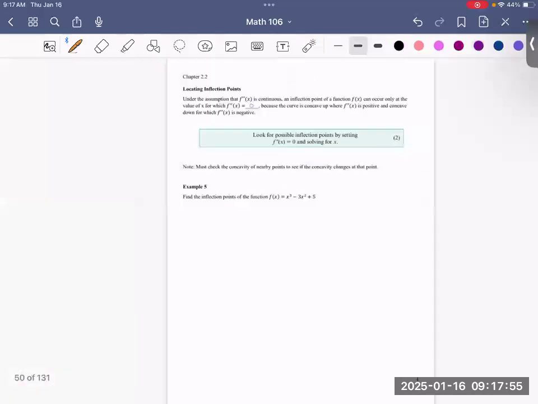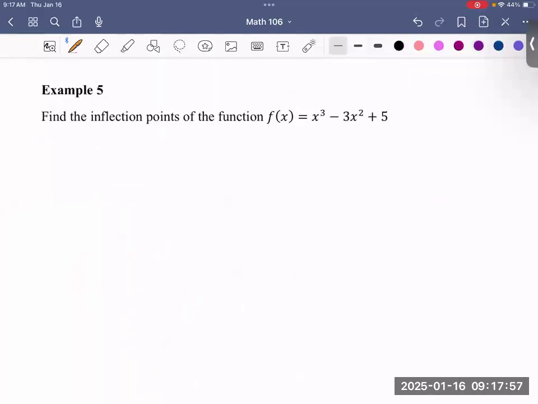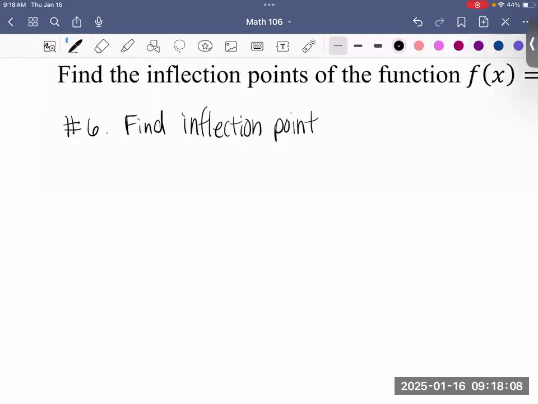So we would say, okay, well, step 6, if we're trying to find your inflection point, we get to set your second derivative now equal to 0.